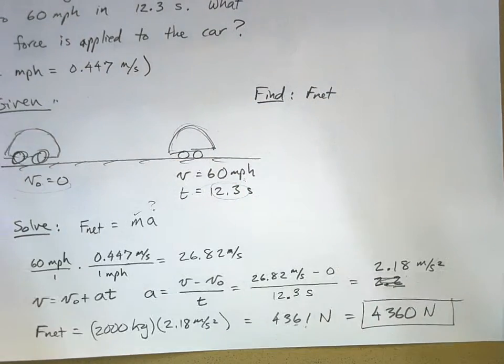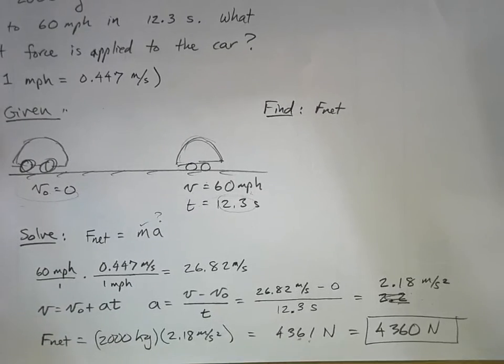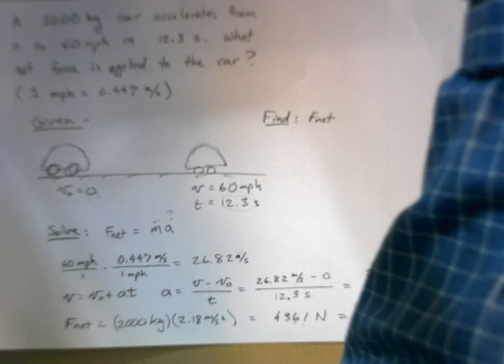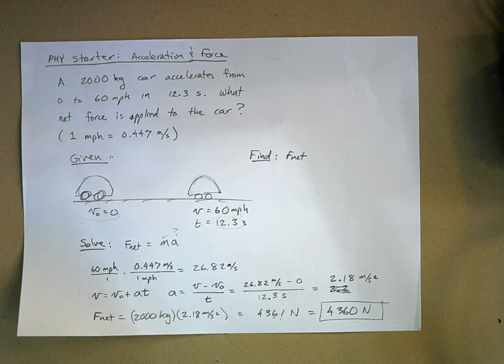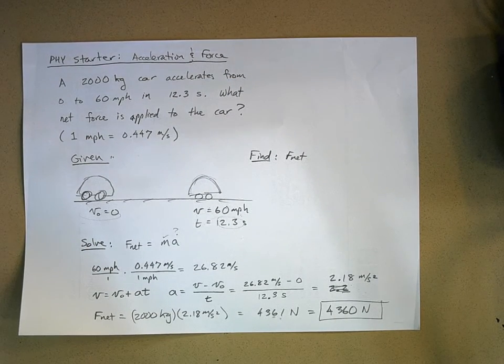Okay. So now the big picture of this problem, let me zoom out a little bit so you can see the whole thing. The big picture is this. If you have an object and you're given kinematic information so that you can figure out what the acceleration is, you can figure out what the net force has to be. In a previous starter problem, we did just the opposite.